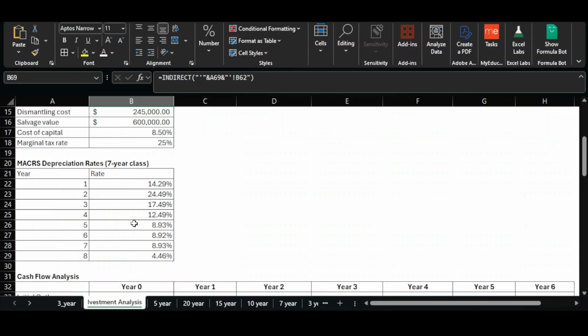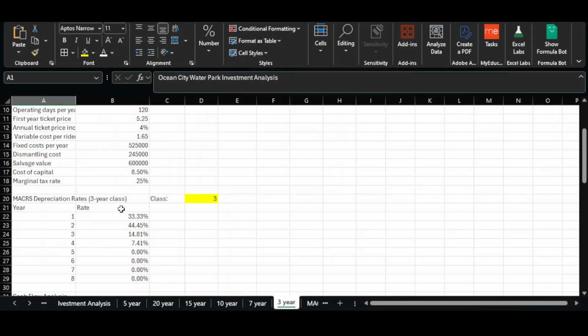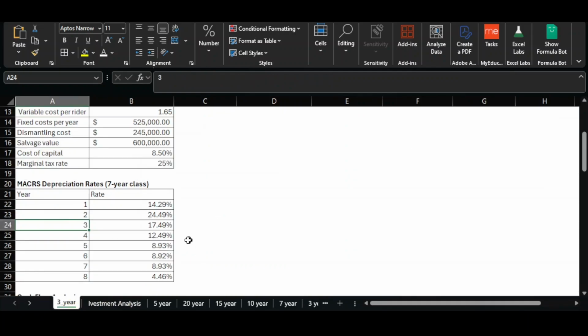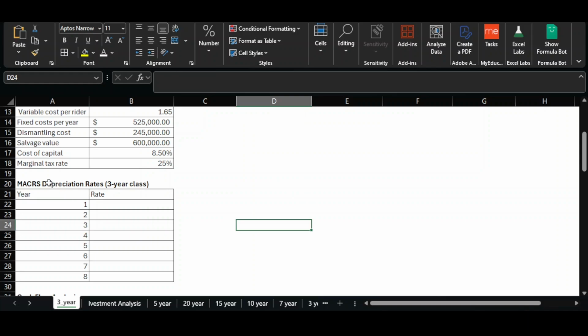Let me go back to the table above here. This is what I did on the 3-year, the duplicate of investment analysis, as you saw. I took out all those values, because they will be different now for a 3-year, and I edited the title from 7-year to a 3-year class, so that it will be labeled accordingly.